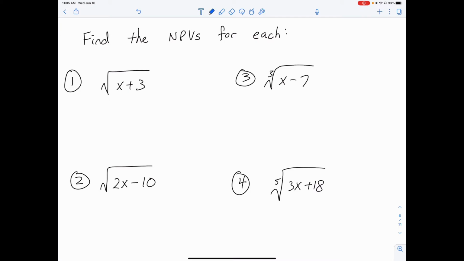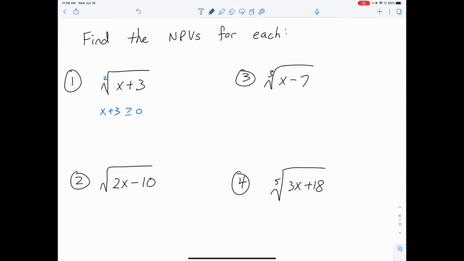So the first one, we have the square root of x plus 3. And again, we think about, okay, well, what's the index? So again, what's square root? Although we don't see the index, it's a default of 2. So you can write a little 2 there if you like. 2 is even, which means that we do have a restriction. Restriction means that we take the radicand, which is the stuff on the inside here, which is the x plus 3, and we're going to make it bigger than or equal to 0.